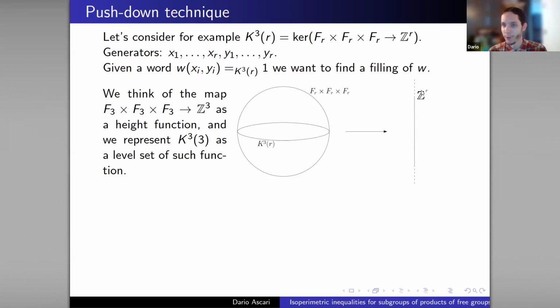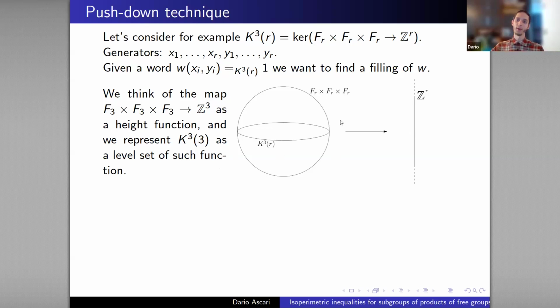I realize that it's not a line, but for simplicity, let's represent it as a line. This map is a map from the Cayley graph to this line, so think of it as a height function. For every point in the Cayley graph of F_R cross F_R cross F_R, this tells you at which height the point is situated. And K3R is the kernel of this map.